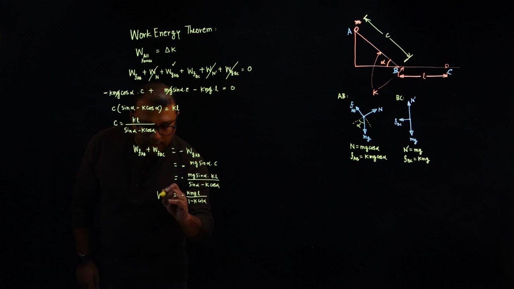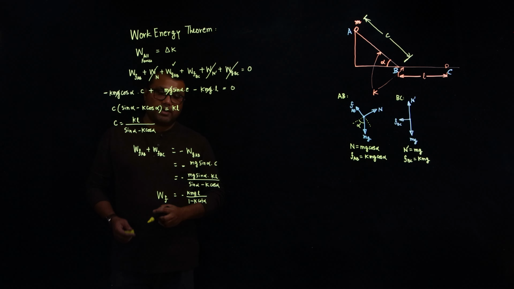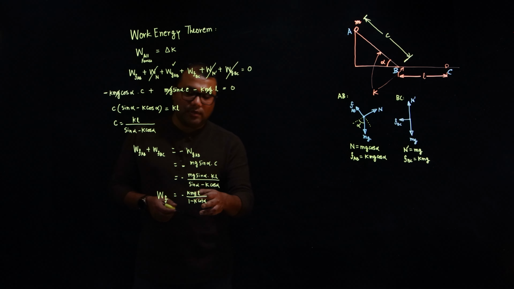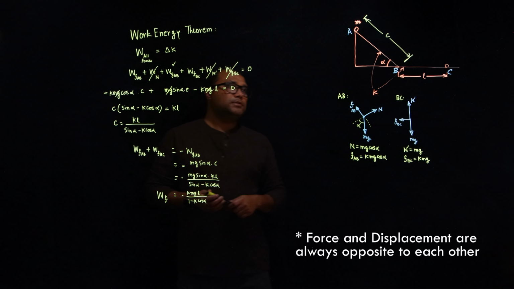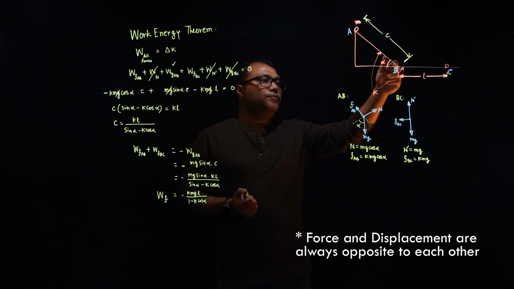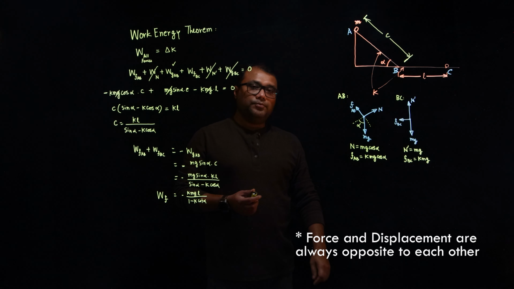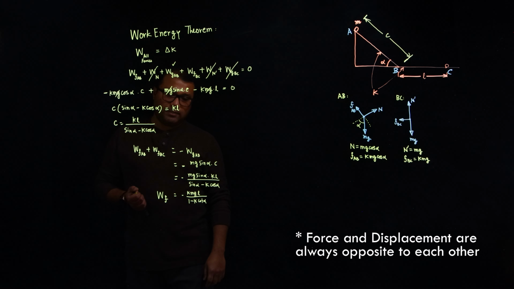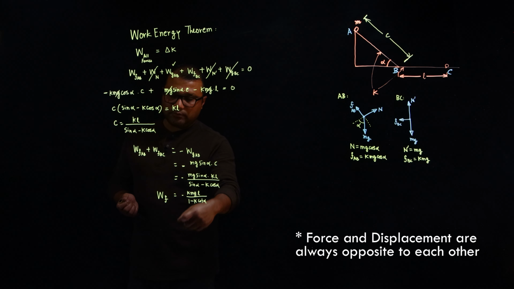So the work done by all the friction forces is equal to minus KmgL divided by 1 minus K cot alpha. And the value here is negative because work done by friction forces is always opposite to the displacement. Okay, so that's the answer.